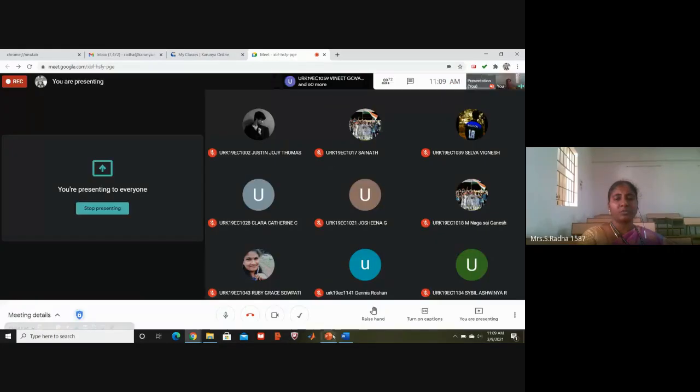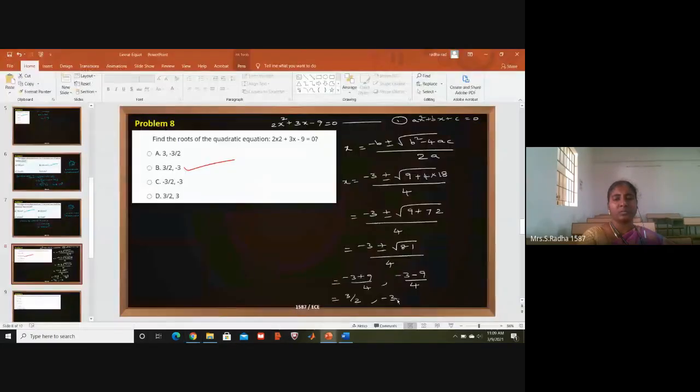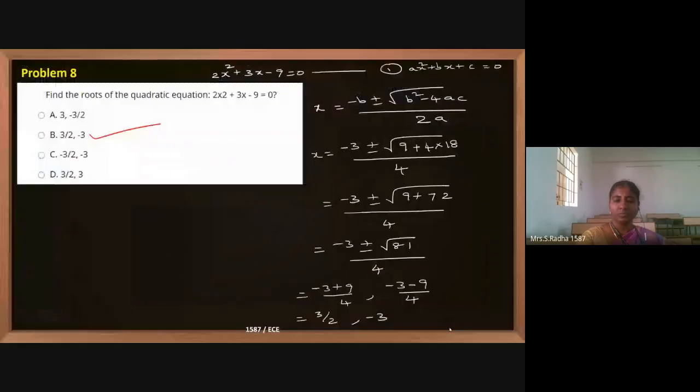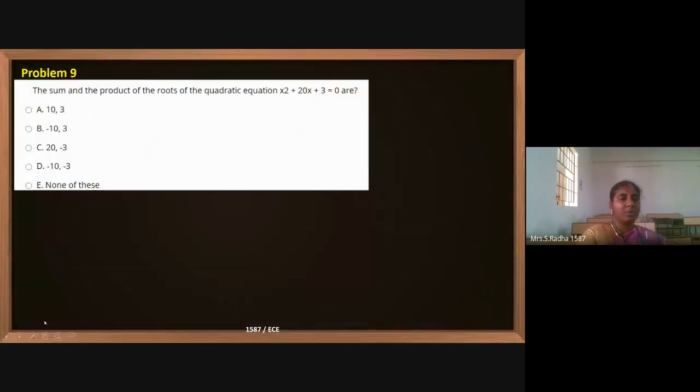I am going to the next problem. The sum and product of the roots of the quadratic equation. The equation again, it is a typing mistake. It is x square plus 20x plus 3 equal to 0.